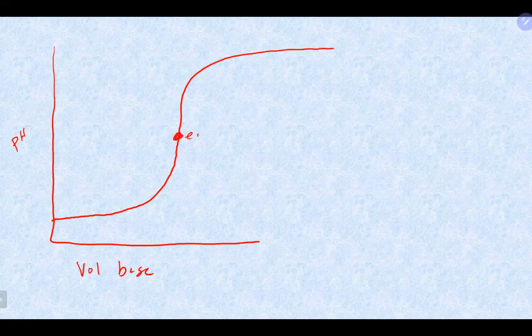Your equivalence point would be somewhere in this ballpark. You get really basic because after the equivalence point, you're just adding more base, and that's why the pH jumps really, really high.